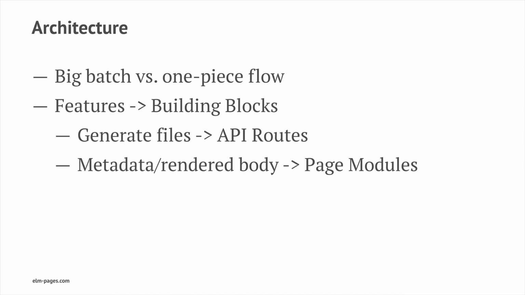Metadata and rendered body is gone. Instead, we've got page modules, and you can pull that in as needed. If you don't need metadata for your index page or for your blog listing page, you don't need to force it. You just pull in what you need. If you don't need to render markdown for a particular page, you don't pull it in.